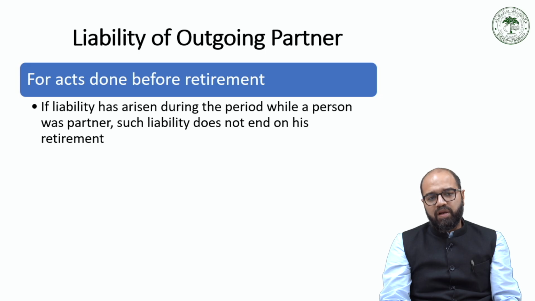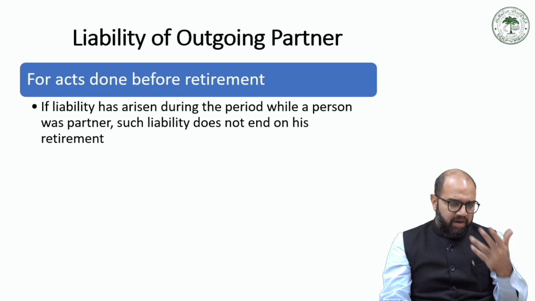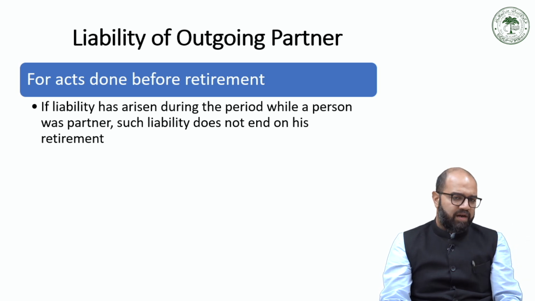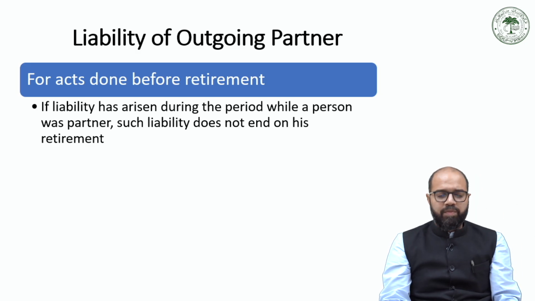For example, if a person was a partner of a partnership firm, and during the period when he was a partner, a certain loan was taken from a creditor, and the firm has not been able to repay that loan.